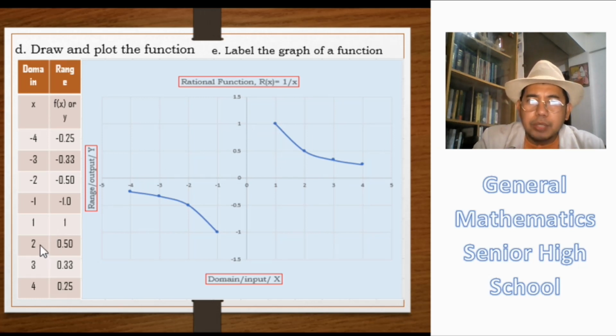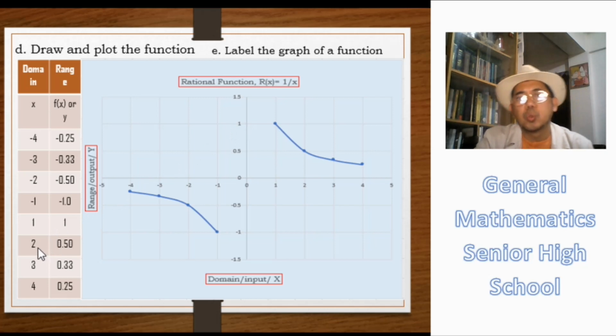Now if I have x to be positive 2, my y would be 0.5. So here is my positive 2, and the point is in here. This point corresponds to my y, which is positive 0.5 or 0.50.